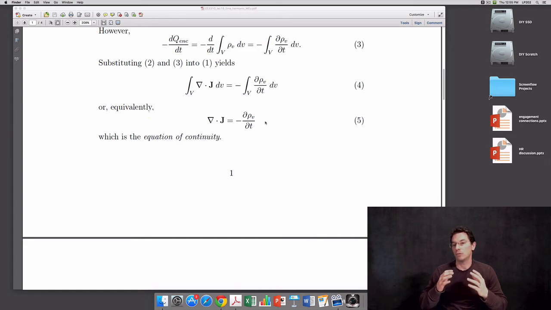It is derived straightforwardly from the principle of charge conservation, which is essentially the principle of conservation of mass. It's a conservation law, but it's a differential equation, and this differential equation must hold anywhere in space where we're talking about macroscopic quantities.